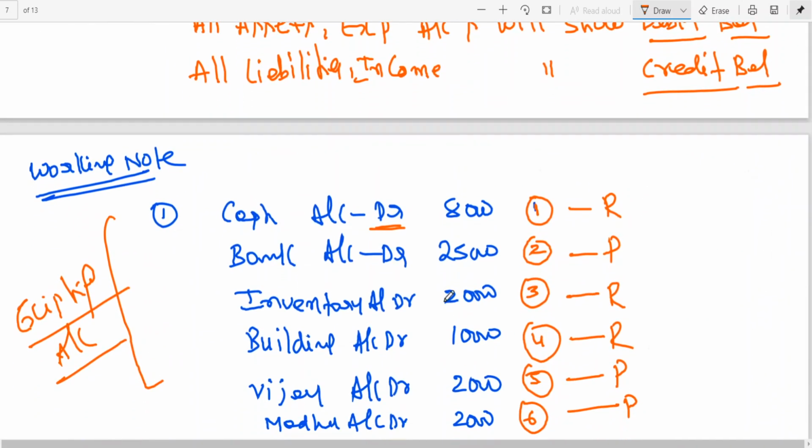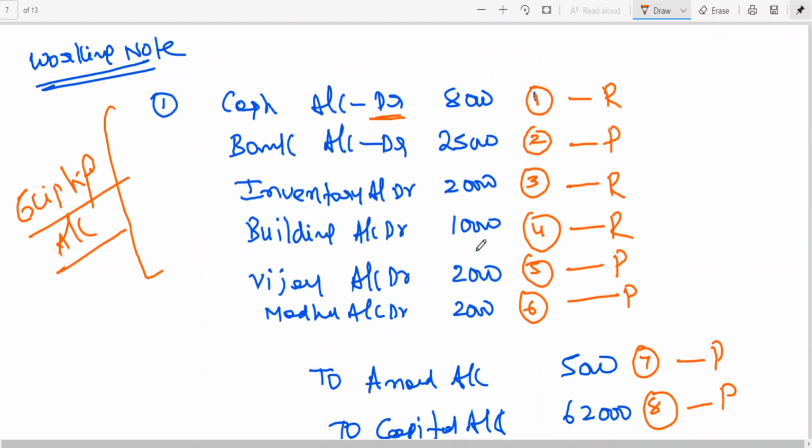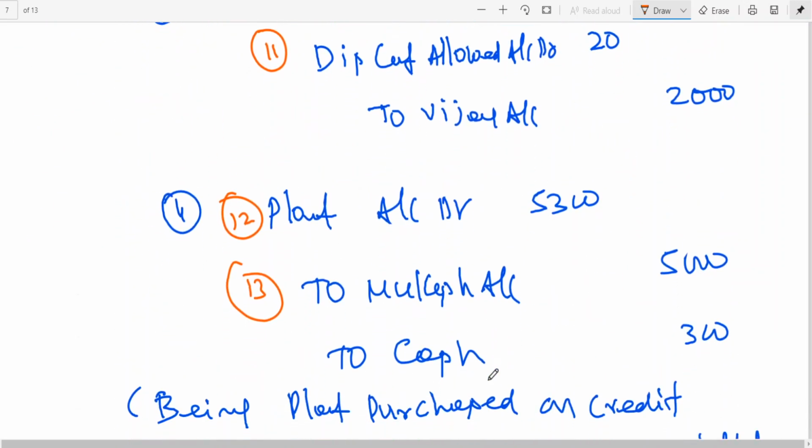Okay. So now I think I can put all these accounts. Cash account, to balance brought down. Opening balance: last year's closing balance will become the opening balance. So all opening balances will appear. All these are DR. DR means debit balances. These debit balances I will be taking to the concerned ledger accounts.